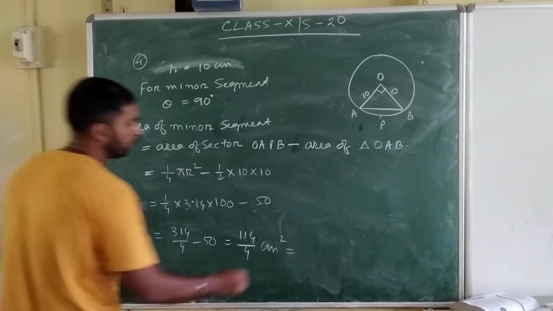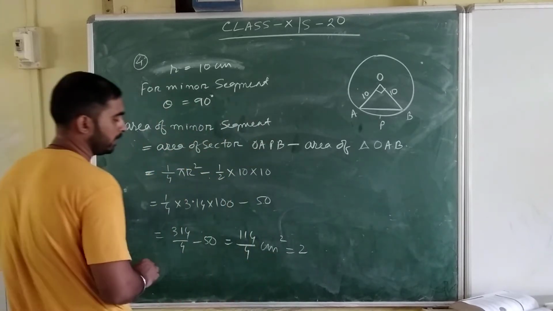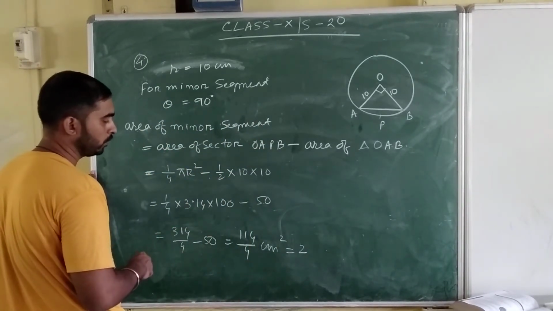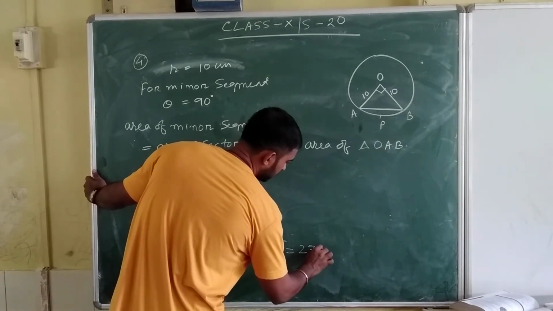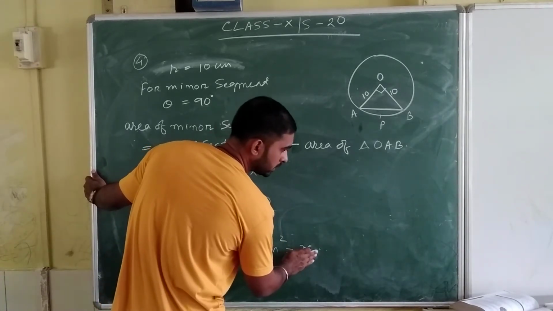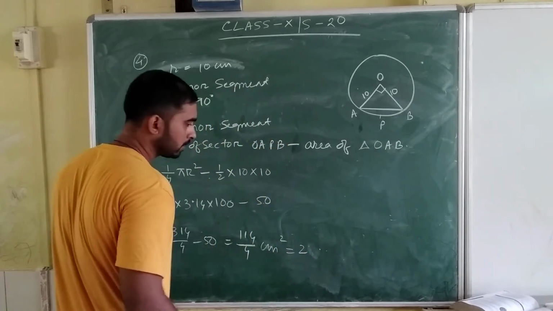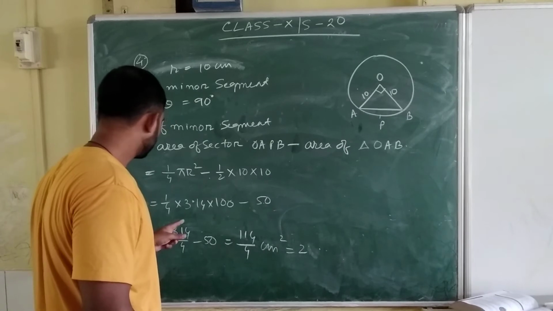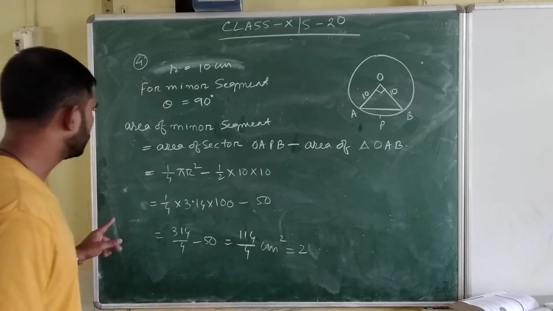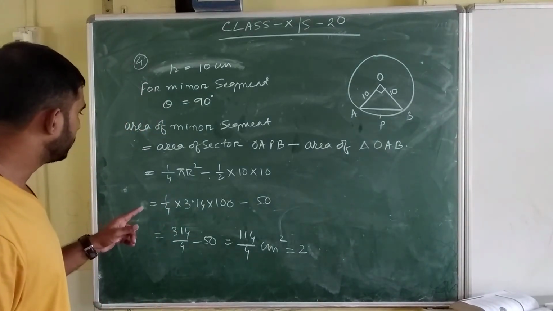Then 4 2s are 8, 20, 34. 1/4 pi r square, 314, minus 50, 200.